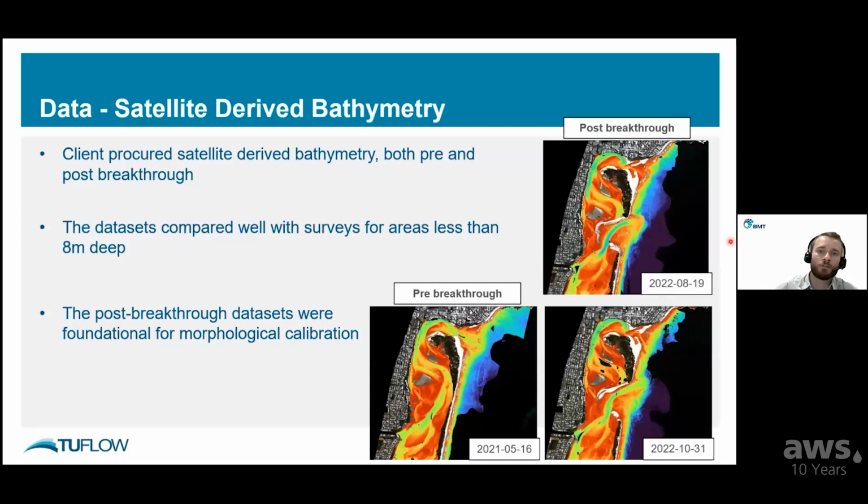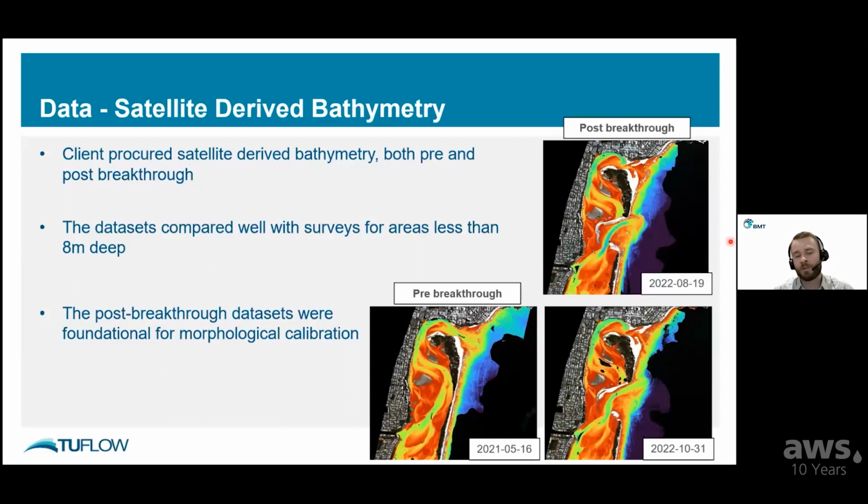Before I get onto the modelling though, I'd like to talk about some of the data we received, which was instrumental in allowing us to do this modelling in the first place. The client, MSQ, procured satellite-derived bathymetry. They received a data set before the breakthrough and 2 data sets after the breakthrough. These were foundational in letting us do the modelling.